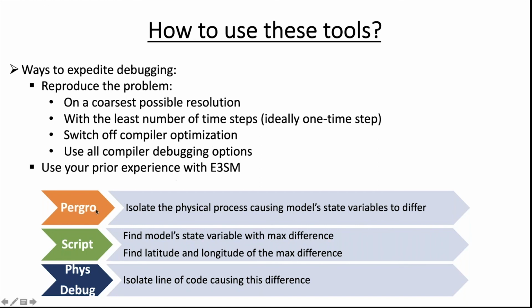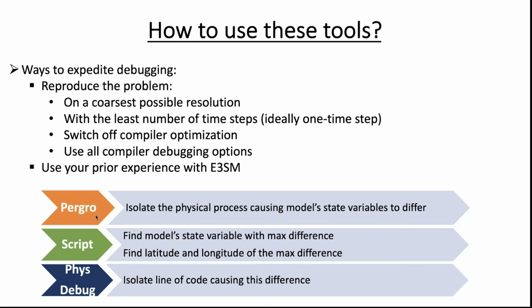And after that, I would run the PERGRO test, and this test will isolate the physical process for me which is causing the problem, or where the answers start to differ. And then I would launch the script which is associated with the PERGRO test, and this script will print out everything, like the model physical process, the lat-lon of the process, and the maximum difference.